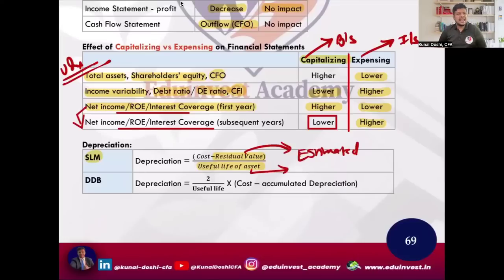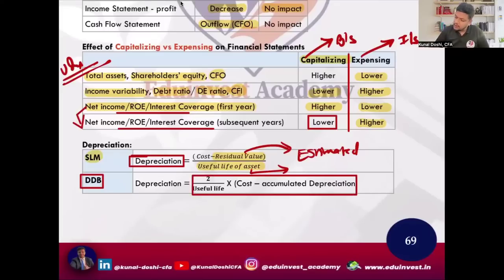Understood? SLM depreciation every year will be same or different? SLM depreciation every year has to be the same, correct? Contrary to that, double declining depreciation. Double declining depreciation means the depreciation is twice. Here, there is a formula for double declining, but I want to write a note so that you all understand this.